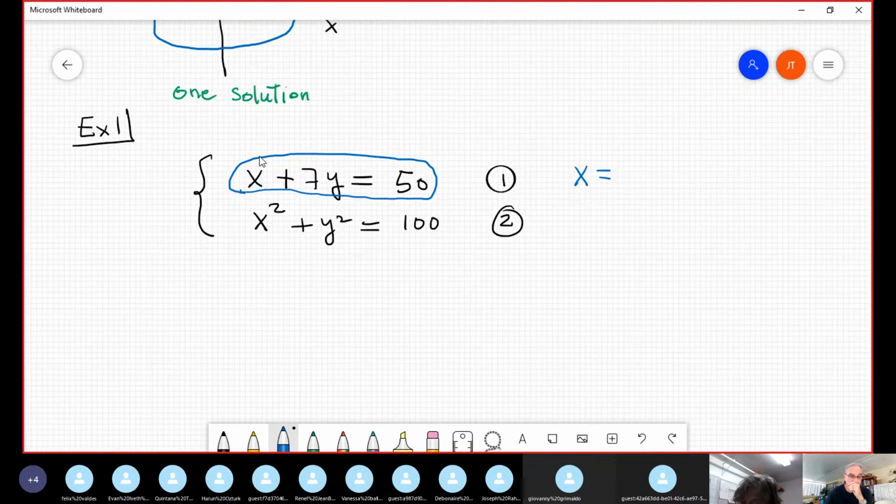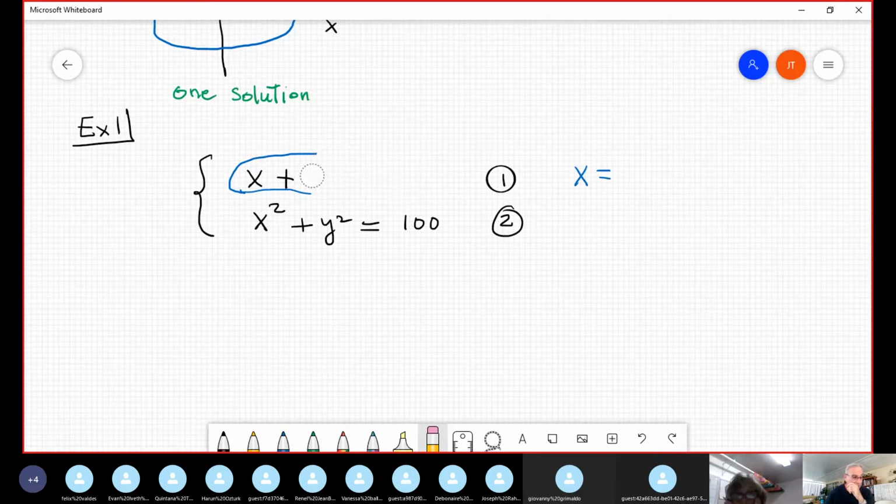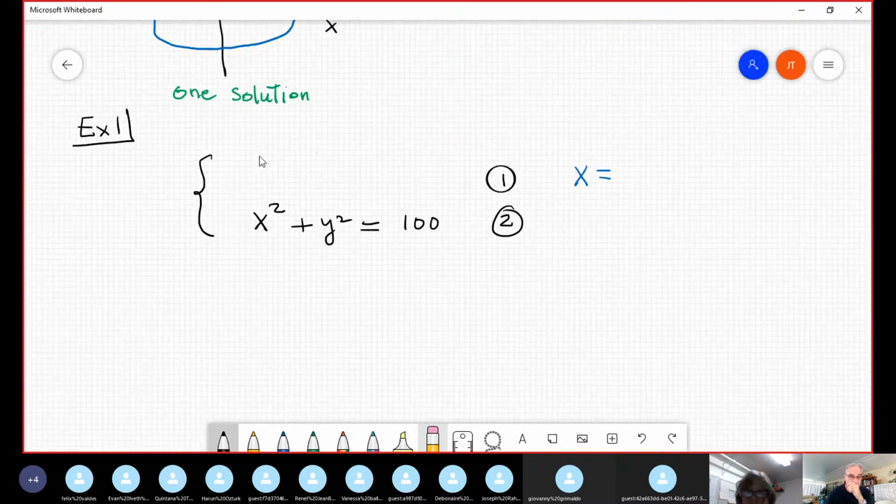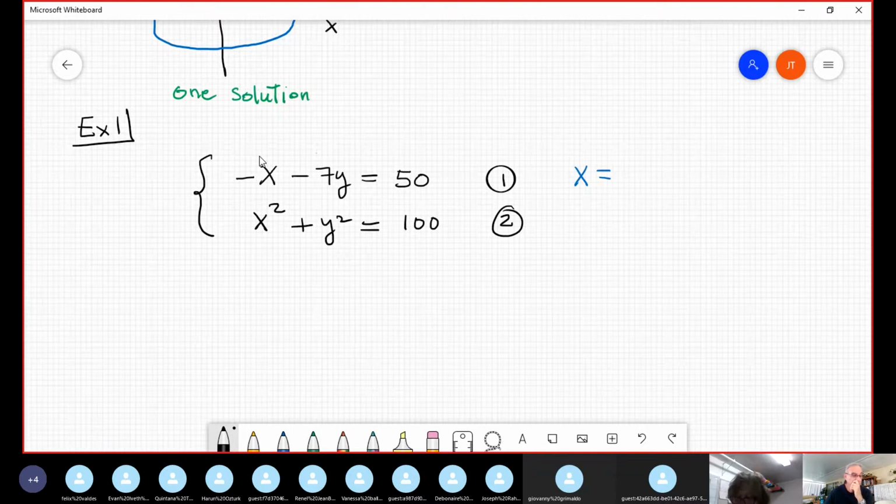Hello, today is not my best day. Look, I copied this equation completely wrong. It should be exactly like the original: minus x minus 7y equals 50.